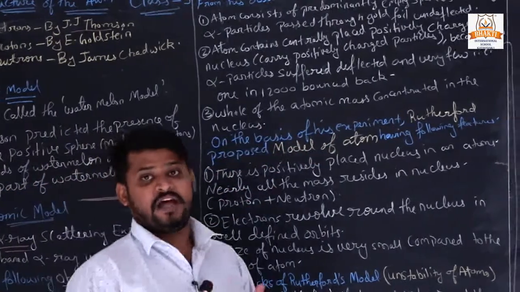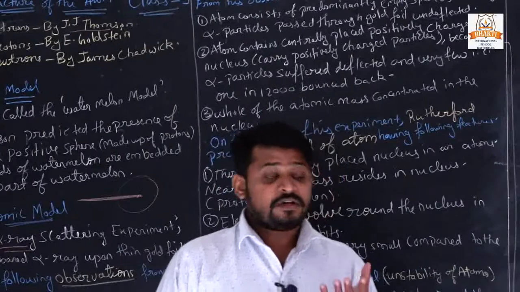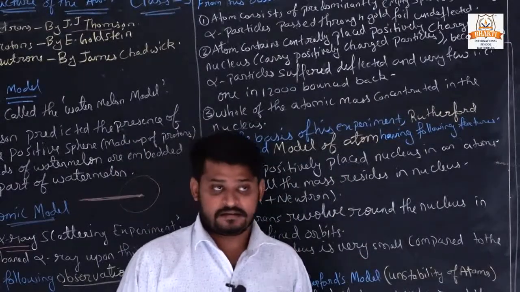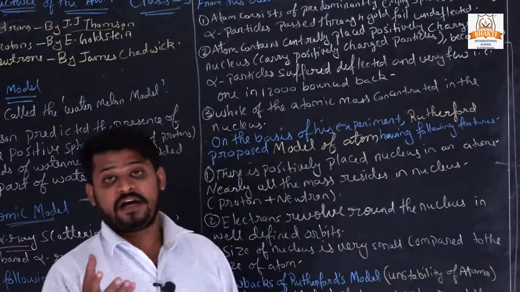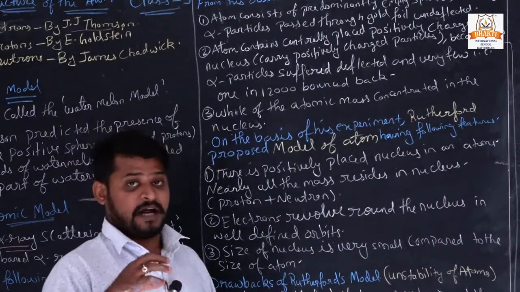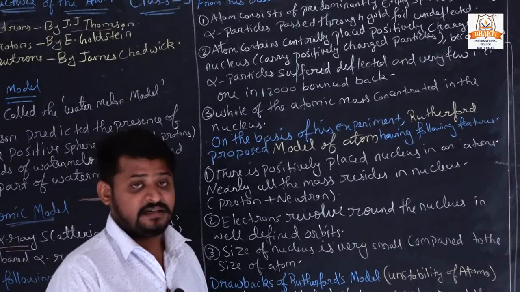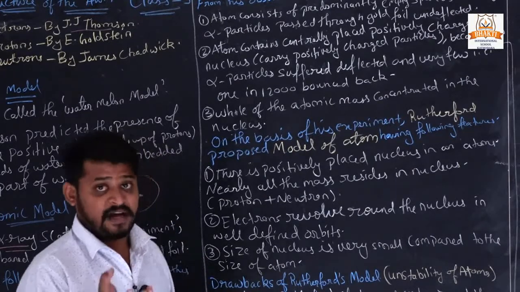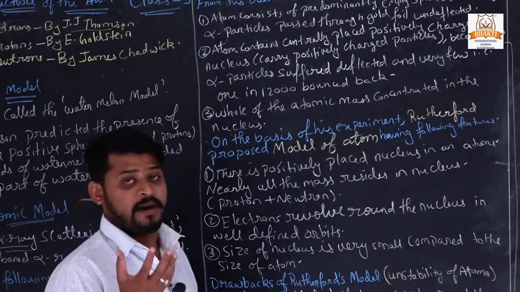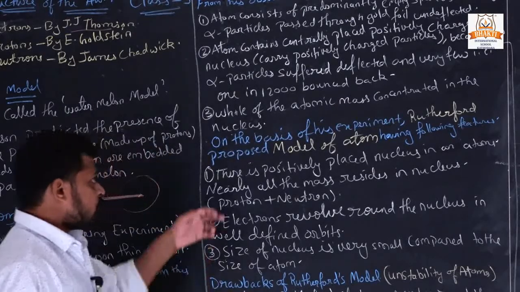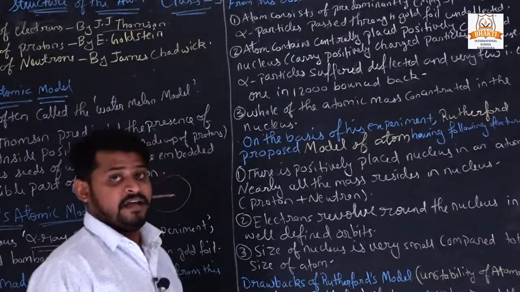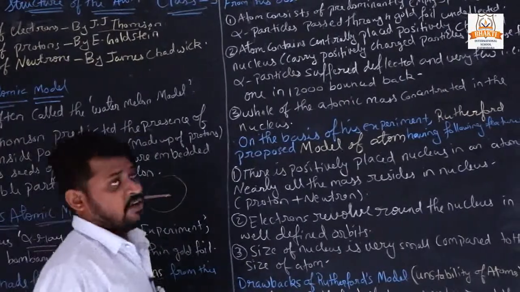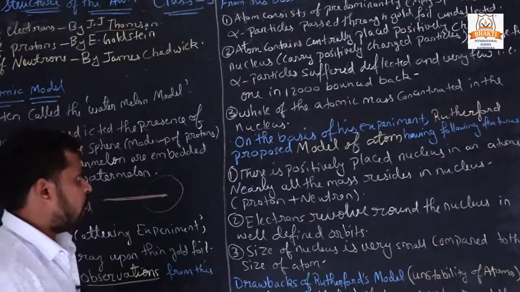So the total mass of the atom depends totally on the mass of the particles present in the center. These are the three conclusions given by Rutherford from the observations of his experiment.